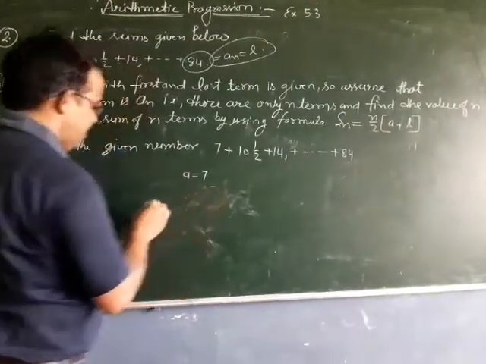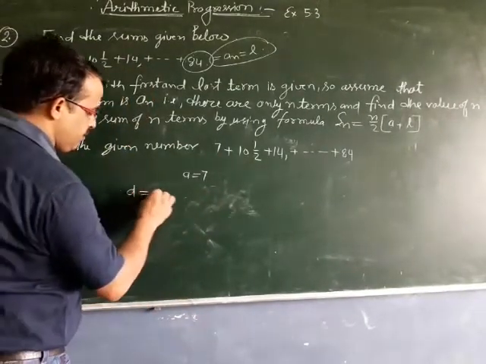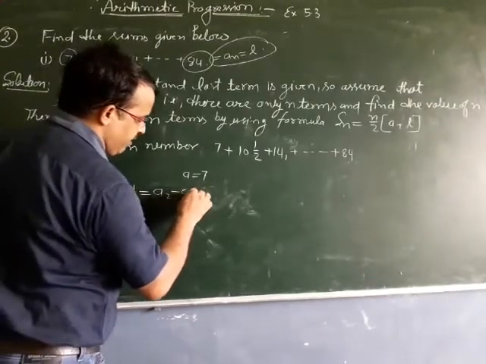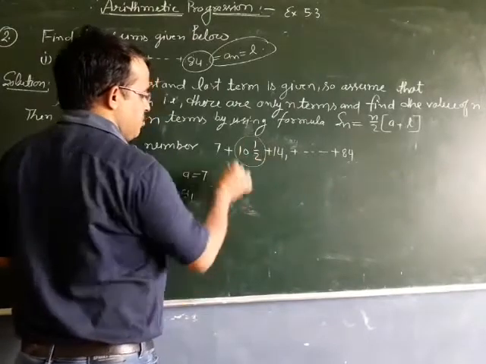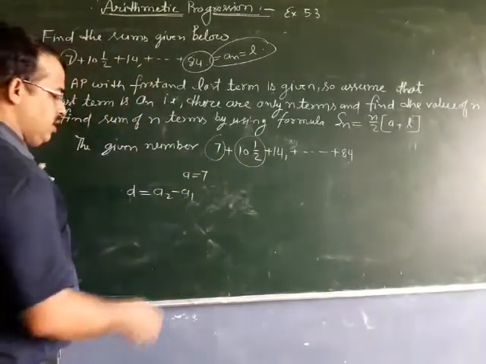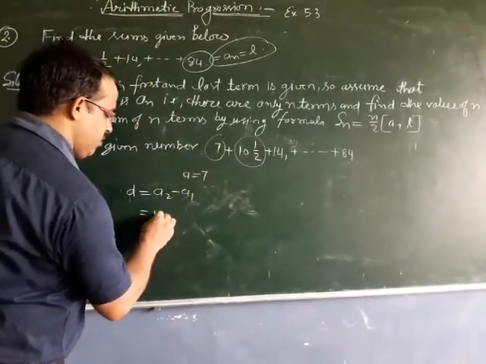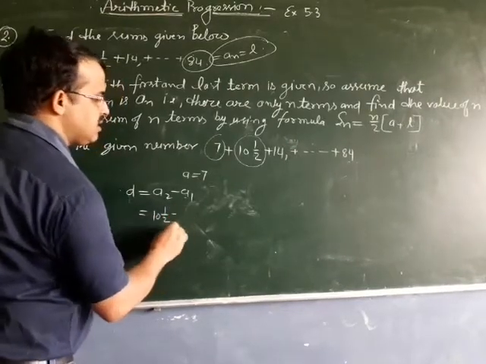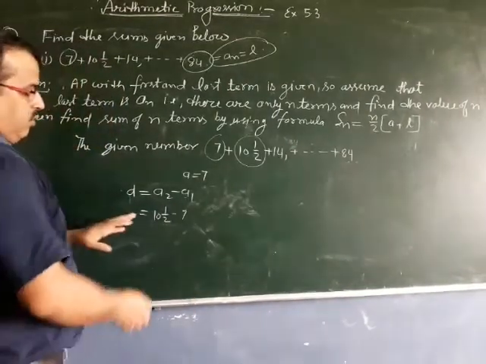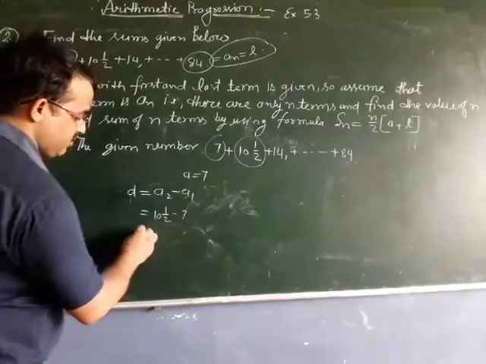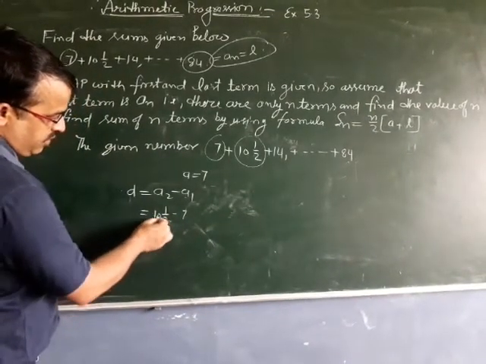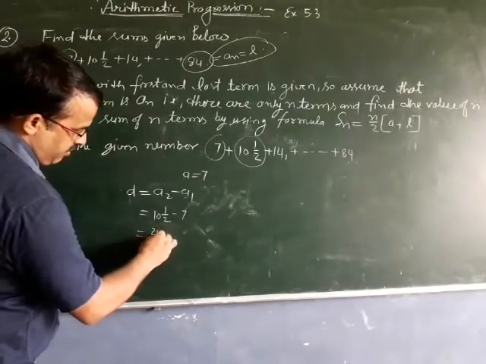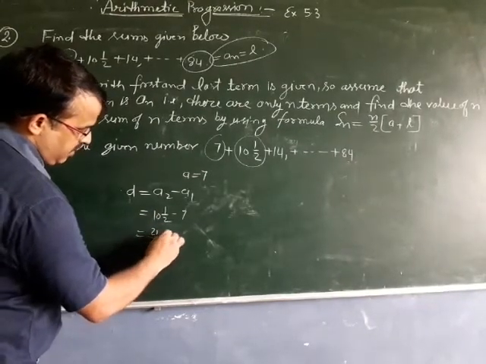So d is equal to a2 minus a1. This is a2 and this is a1. So a2 minus a1 is 10 and a half minus 7. First we simplify: 2 tens are 20, 20 plus 1 is 21 by 2, minus 7.